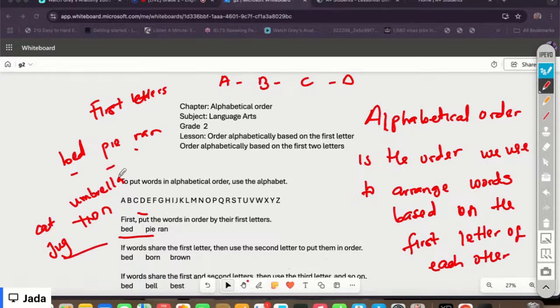We have all those words, and then we have to put them in the right order. So we have to see the first letter, which is cat. Of course, cat comes first. And then if we are moving on and checking the next, we know that J comes before L. So we have jug.